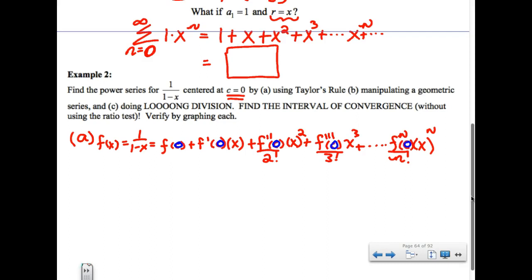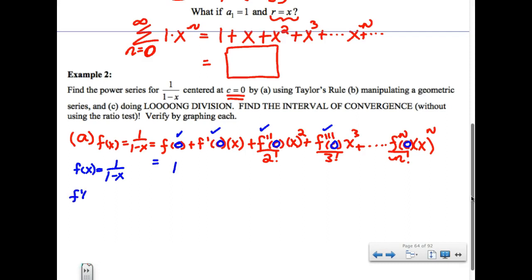All right, so if I were to generate the power series for this using Taylor's rule, I'd have to go and find each of these coefficients. And when I do that, I have f of x is equal to 1 over 1 minus x. F of 0 will be 1.